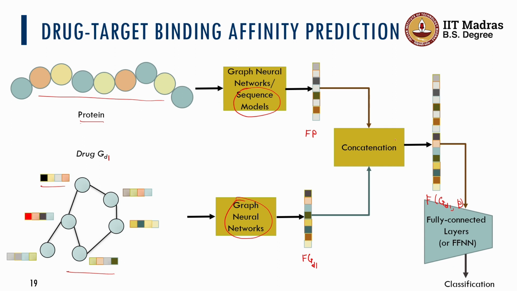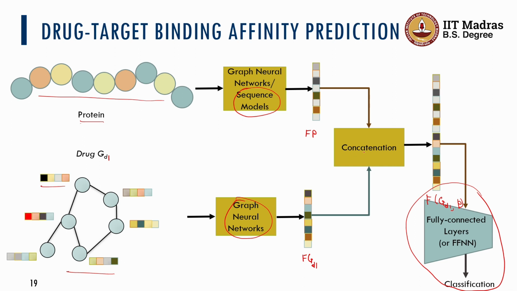Here we can perform this operation separately from this operation, or we can combine them, depending on the complexity of the problem. Again, you can see that this is the same level of task that we have seen for the drug-drug interaction task.